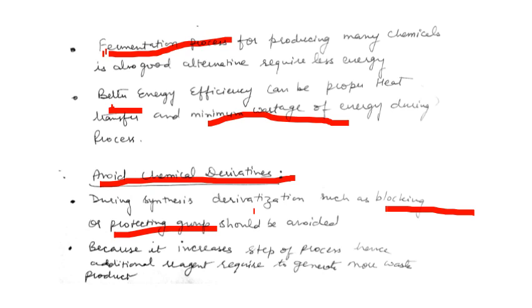It increases the steps of the process, because if we go A plus B to C to D, C should be minimized. When we increase the steps, the addition of more reagents generates more waste. If we are producing C which we do not require, it produces waste.